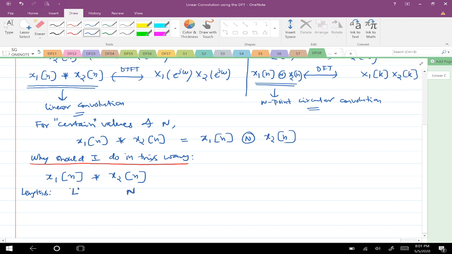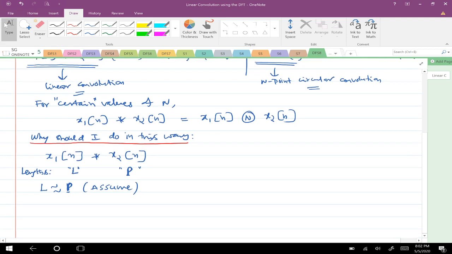The length of x1 is L, and n I would use for the n-point DFT, so let me replace this variable with P. For the sake of simplicity, let me also consider that L is approximately P. Later you would realize that this need not be the case at all, but this makes my life simple to give you some quick appreciation and some numbers. Okay, so this is what I assume.